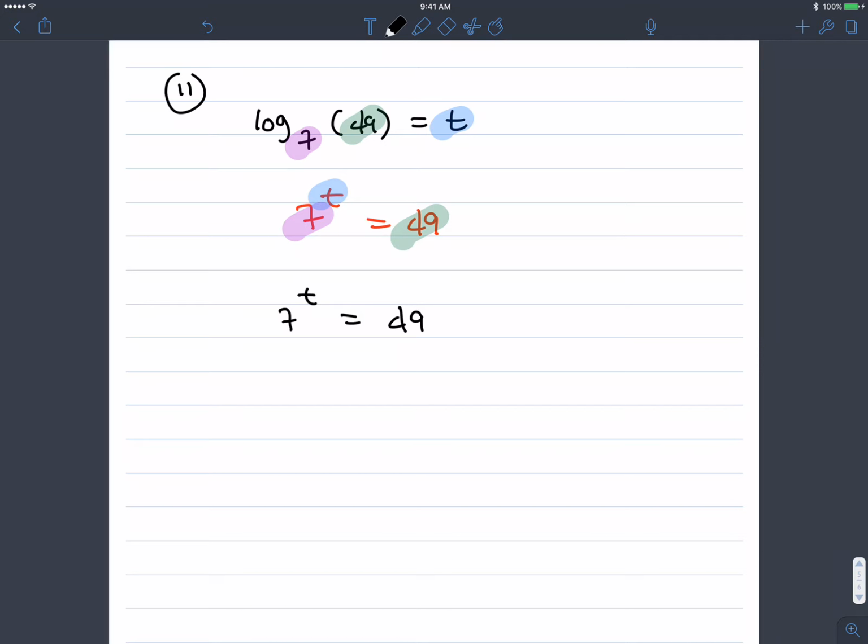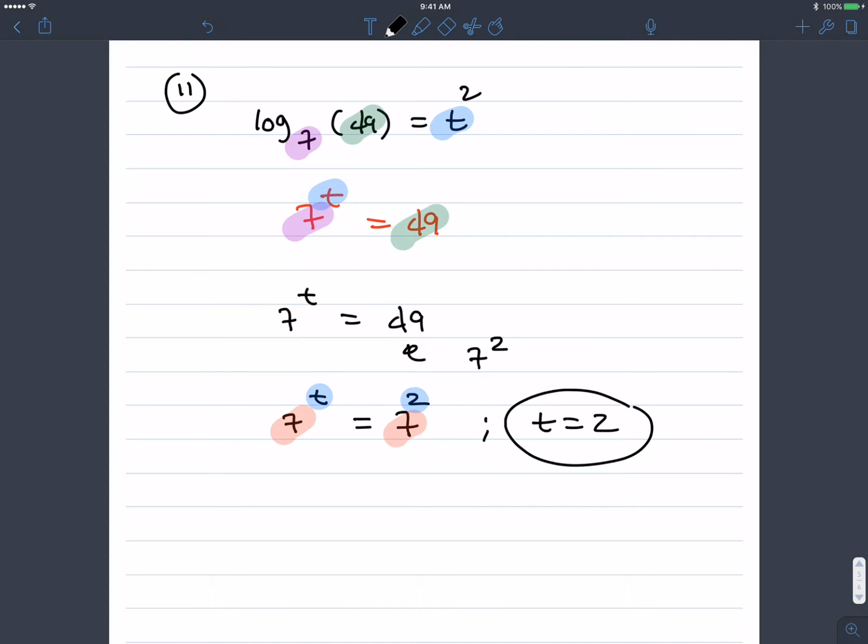With the 49, you're going to always use properties of exponentials. In other words, try to write 49 as an exponential that has the same base as 7. So what we're saying here is 7 to the t power is the same as 7 to the second power. Exponentials with the same base, 7 and 7 and different powers, that implies, since exponentials are 1 to 1, that t is the value 2.